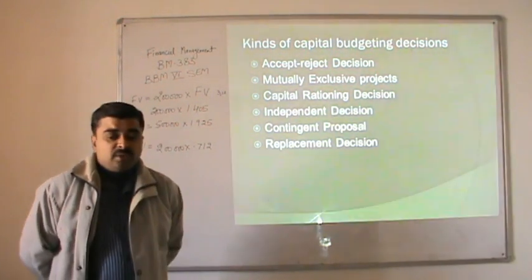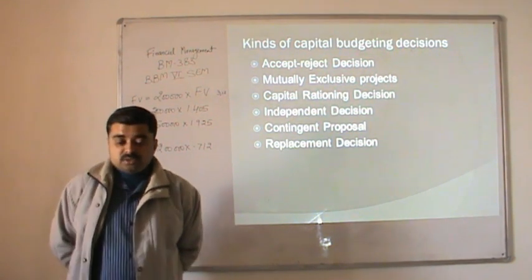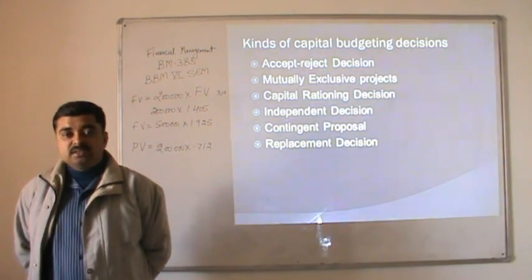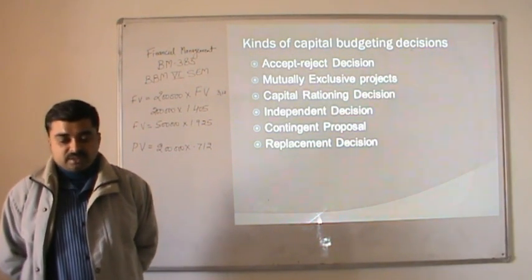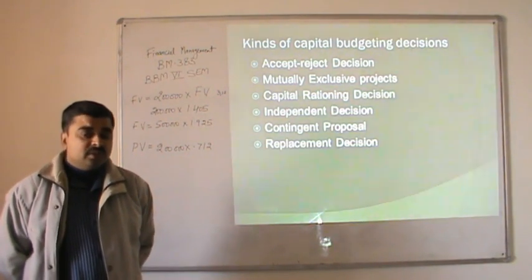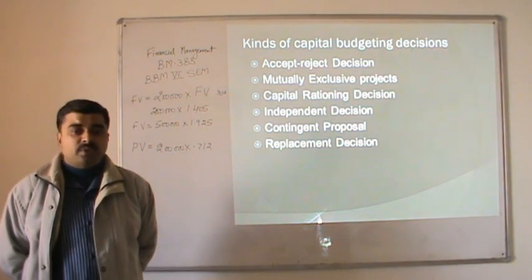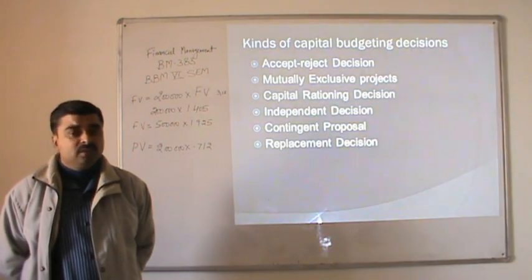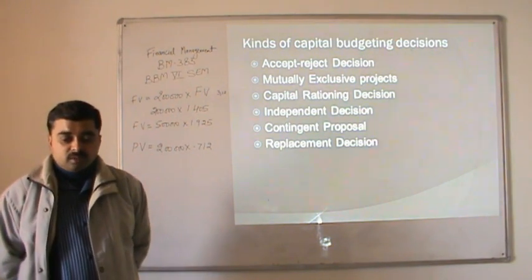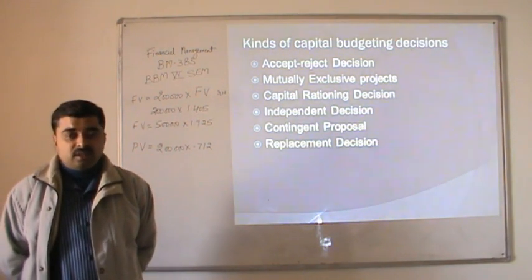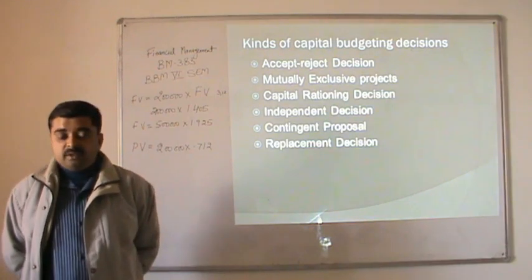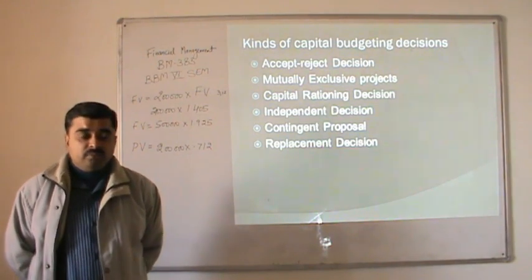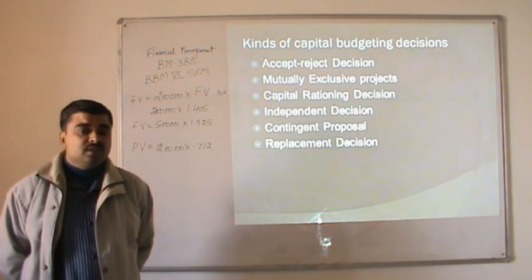The types of capital budgeting decisions include the accept and reject decision. That means when the capital project is accepted and when it will be rejected. So if the capital budgeting project is found viable, we will accept the project, otherwise we will reject it. Mutually exclusive projects are two projects where the decision regarding their acceptance will have no impact on each other.